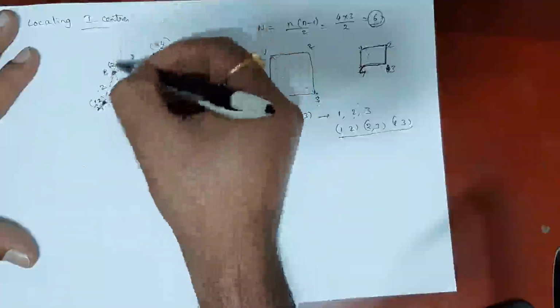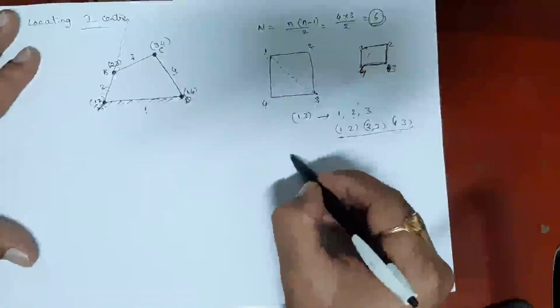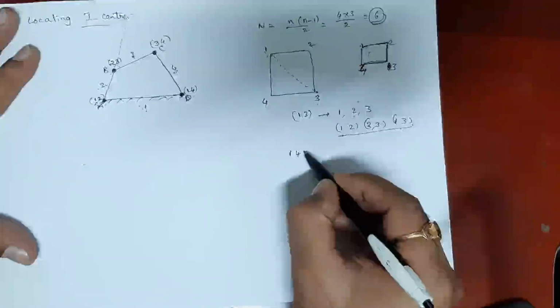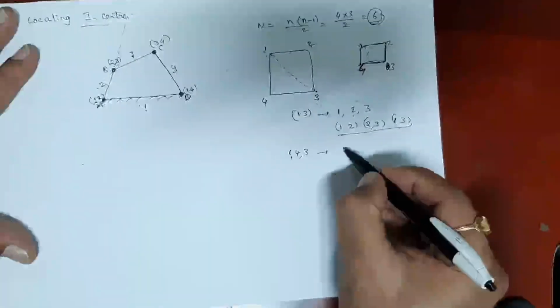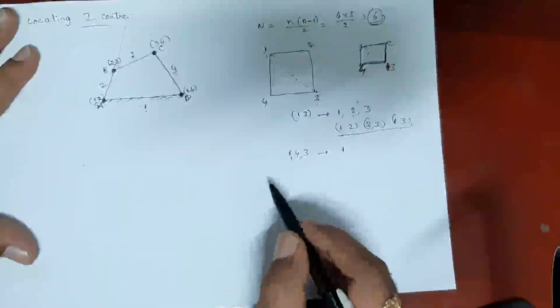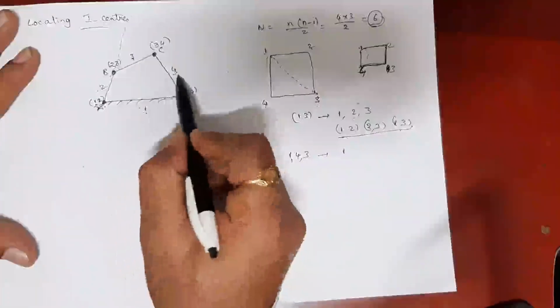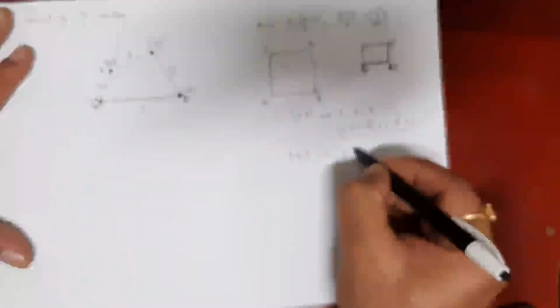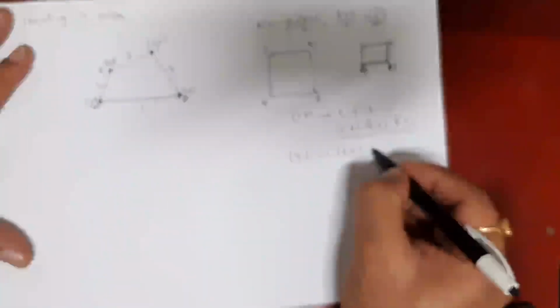Again we take the 1 4 3 links. If you take 1 4 3, that means these 3 links, the instantaneous centers are 1 4, 3 4 and 1 3.